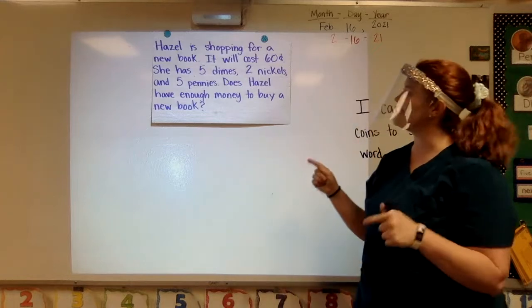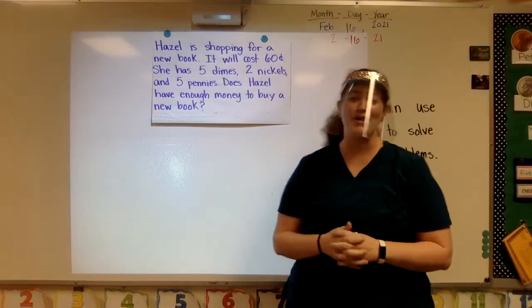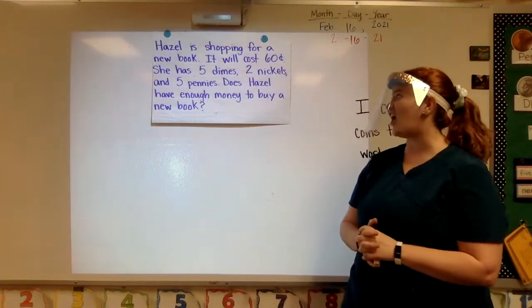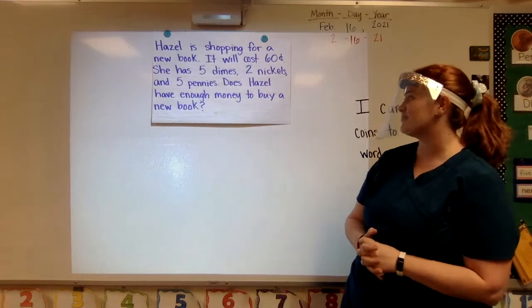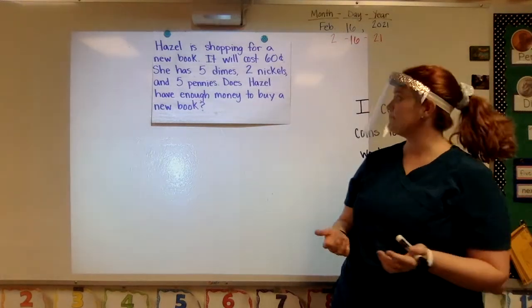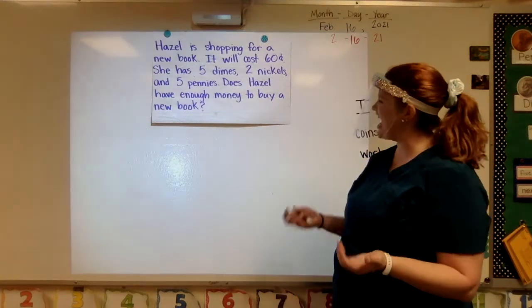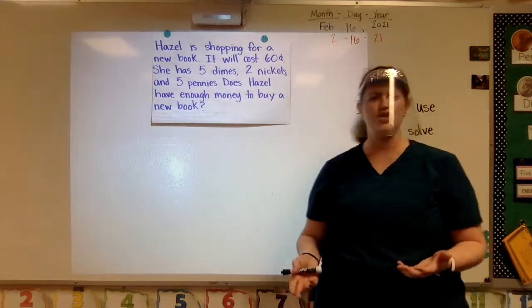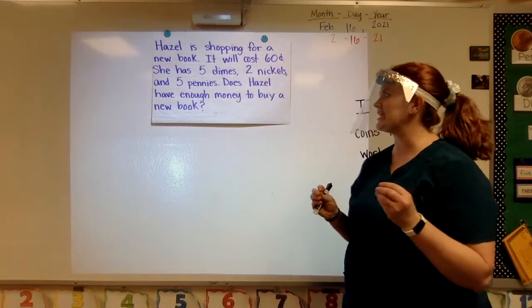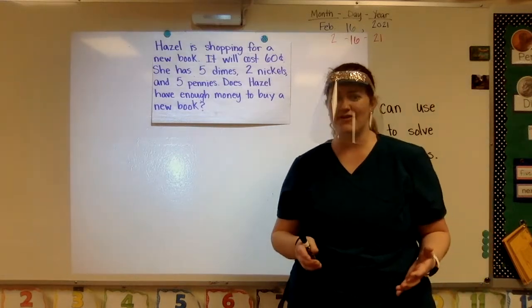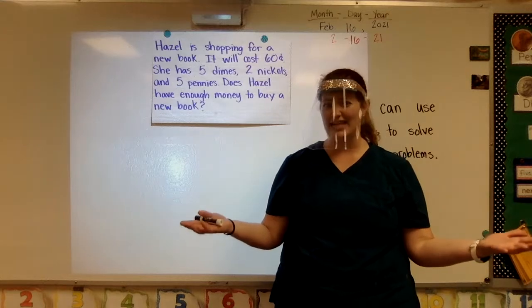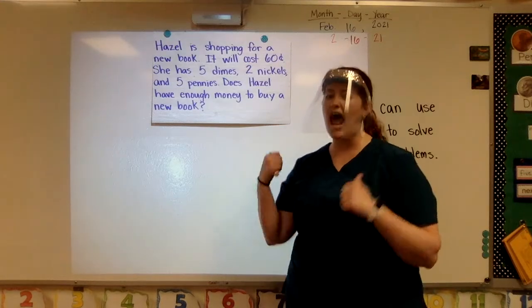Our next problem says Hazel is shopping for a new book. It will cost 60 cents. She has 5 dimes, 2 nickels, and 5 pennies. Does Hazel have enough money to buy a new book? Okay, let's think. Well, the first thing I need to do is figure out how much money she even has. So I need to build how much she has.